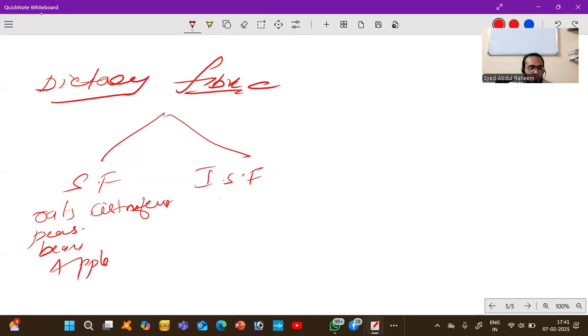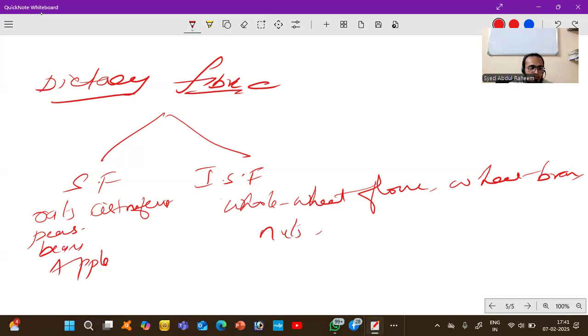It helps add bulk to the stool and is found in whole wheat flour, wheat bran, nuts, beans, and vegetables. So insoluble fiber is excreted from the body.